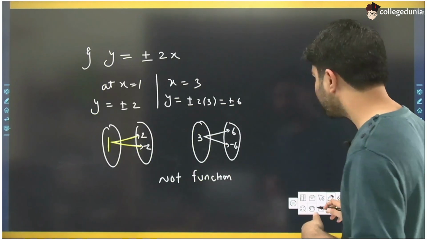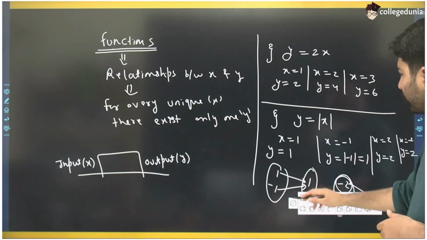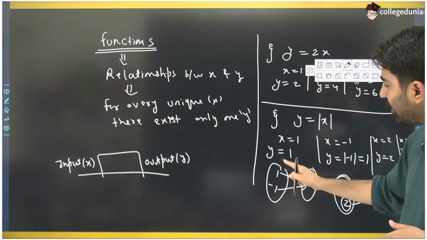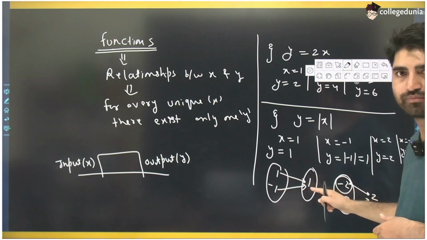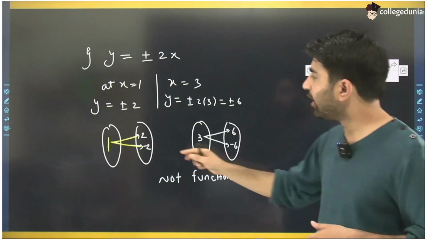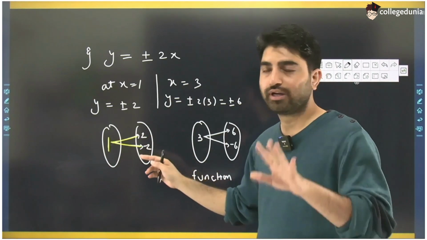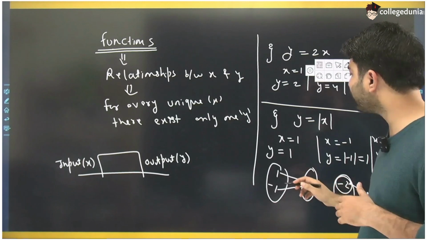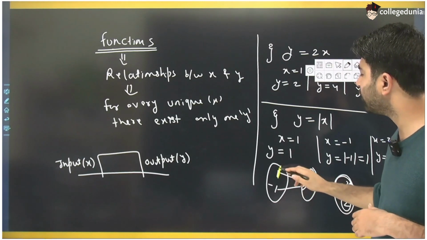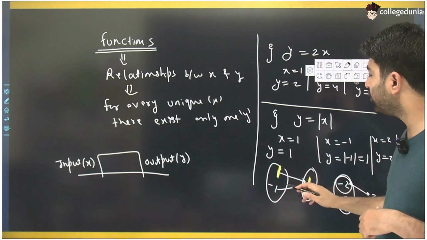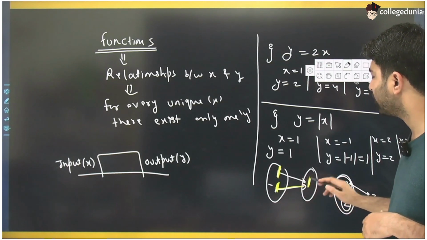As I told you earlier, two different x can have the same image, but one element, one x, cannot have two images. It is like, who is father of 1? You said 1. Who is father of minus 1? You said 1.